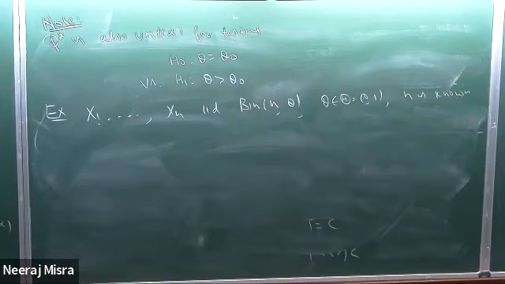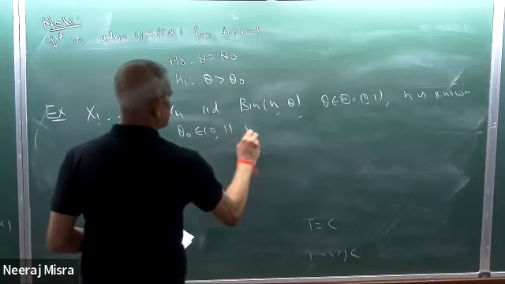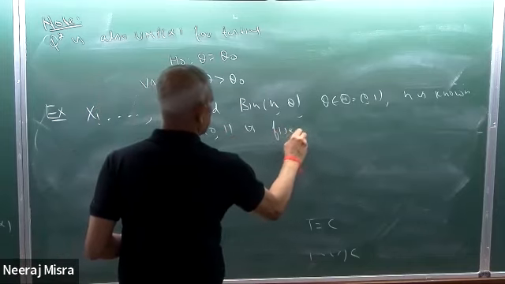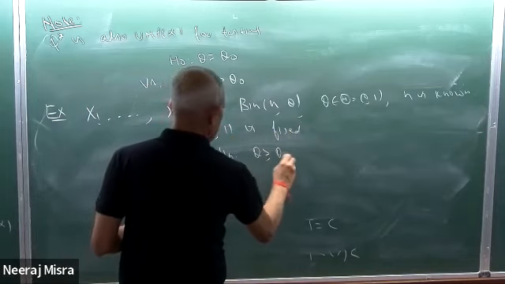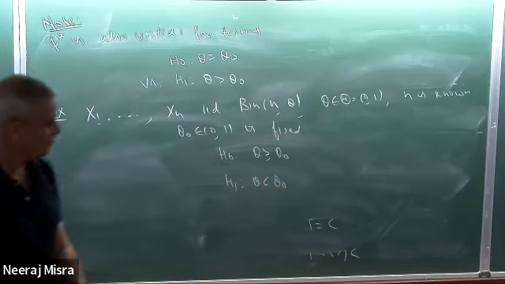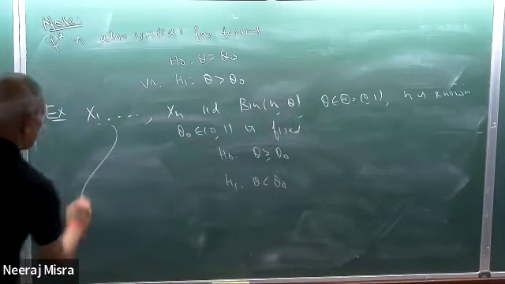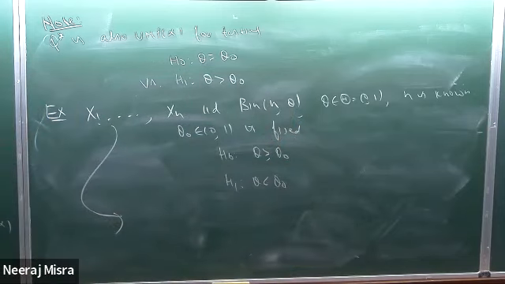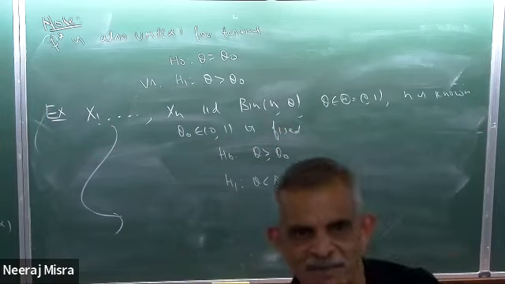Again, I consider theta naught belonging to 0, 1 fixed. I consider H naught: theta greater than or equal to theta naught against theta less than theta naught. Does this have an MLR? Binomial we have seen last time, right? It again belongs to the exponential family. We write eta theta as log of theta upon 1 minus theta, right?